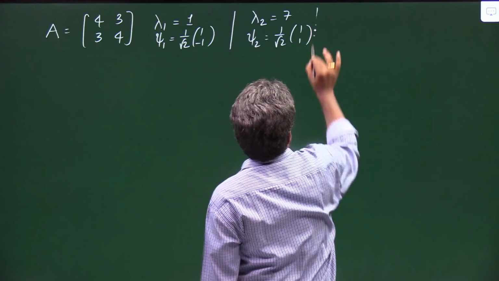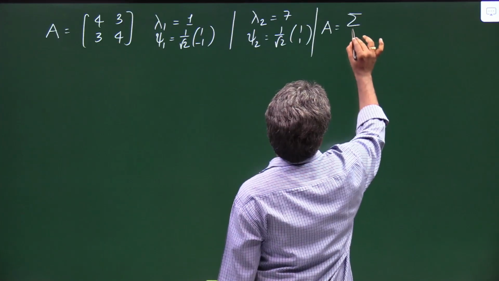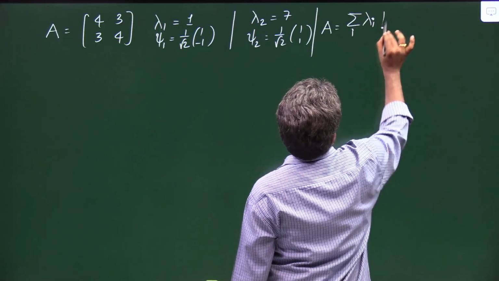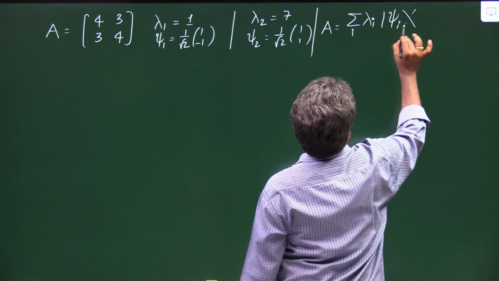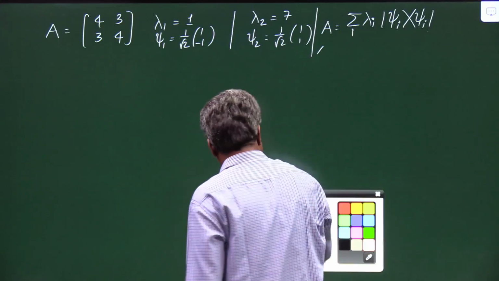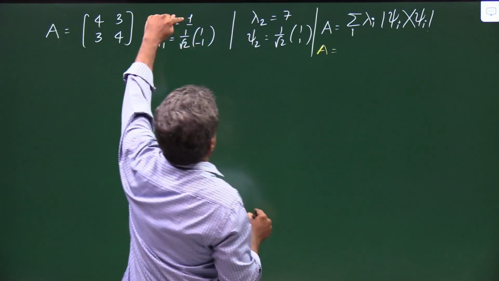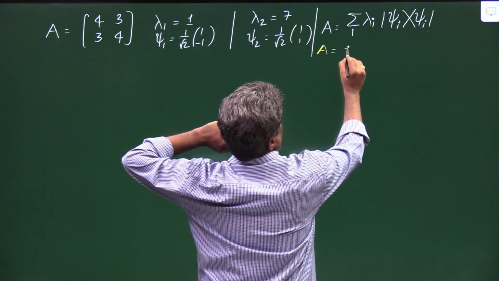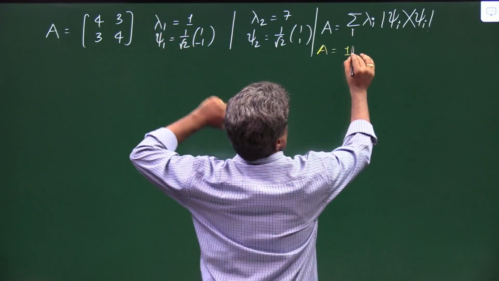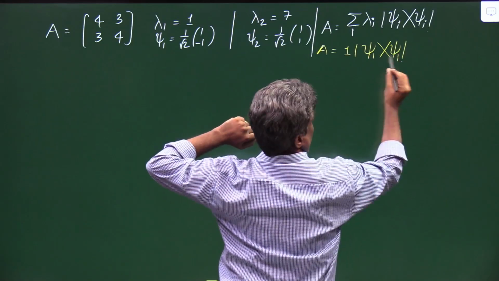And after that this is the matrix A, which can be written as a summation over i of lambda i times the outer product of these eigenvectors. So from this we can write our matrix A equal to the first eigenvalue 1, this is 1, and psi 1 outer product psi 1.